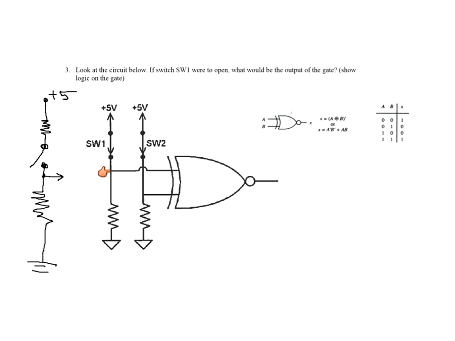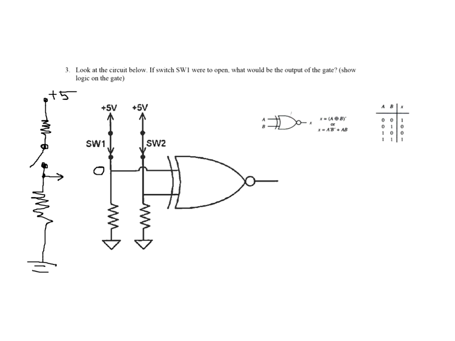What you have to watch here is, they show you this diagram, but you don't know the state of these until you read the problem. So look at the circuit below. If switch 1 was to open, what would be the voltage there? If I open that, I'm going to get a low at that point, so I'm going to have a 0 right here.